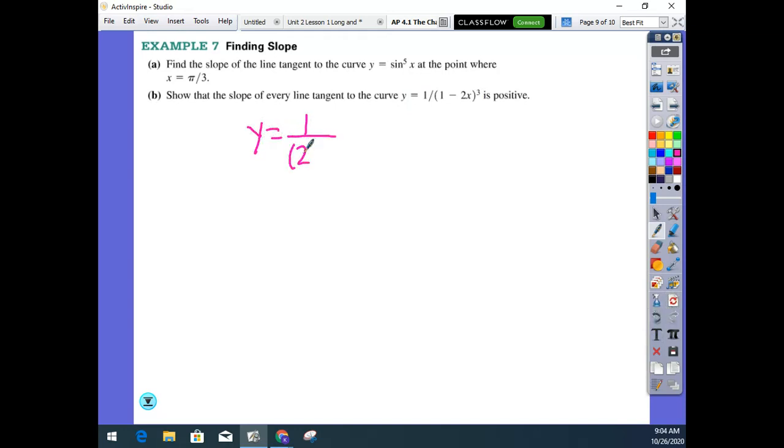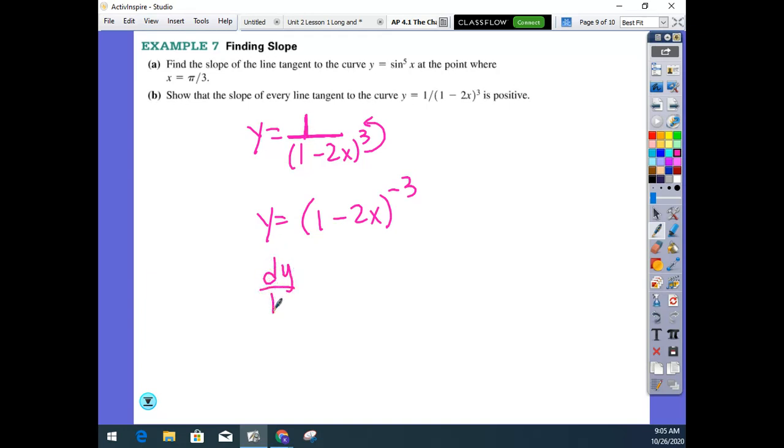In the past, whenever we have this little fraction, we have to use quotient rule. But now we have the chain rule available. So what I'm going to do first is move this up, and we have 1 minus 2x to the negative third, and that makes the whole process easier. We no longer have to use quotient rule. If you have something in the bottom and a constant on the top, it makes it a whole lot easier.